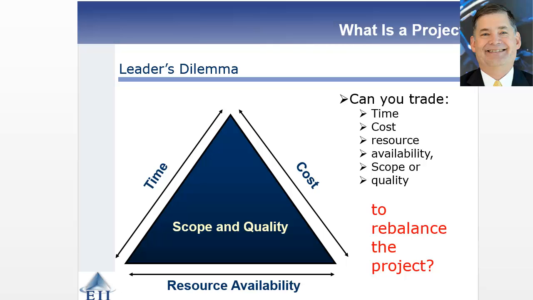This is what project managers and leaders have to do all the time: they have to architect or engineer the project so that they deliver on time and on budget, and meet all of the requirements so that the customer is happy and is at the right level of quality of work. But again, if you start to change these types of things, then you run into extreme challenges. And we have lots and lots of examples of this out in the real world.